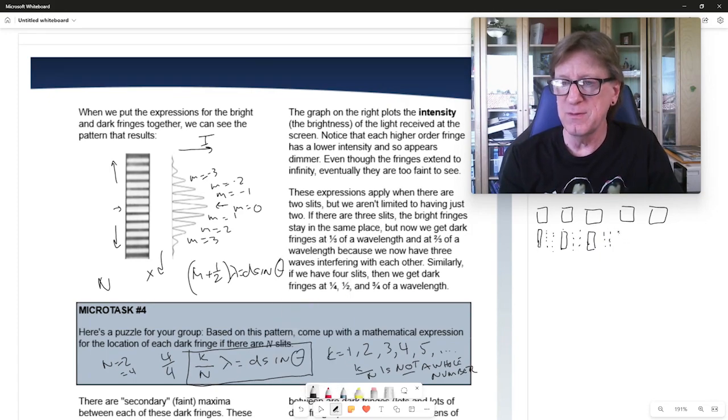These still look mostly dark, but if you look very carefully, you can see that it gets a little bit brighter here, then dark, then a little bit brighter here, then a lot brighter, and so on and so on.